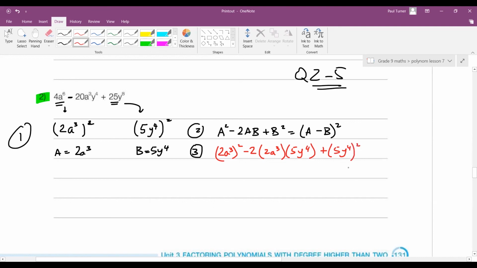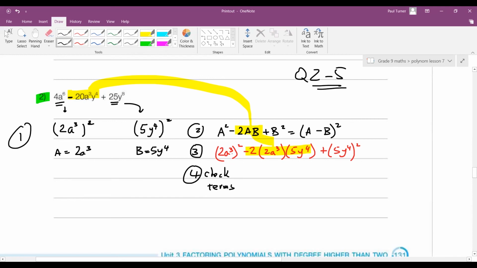So at this next stage, you're checking your middle term. So we need to check this middle term is correct. So then we'll do that as step 4, I guess, checking. Check terms.